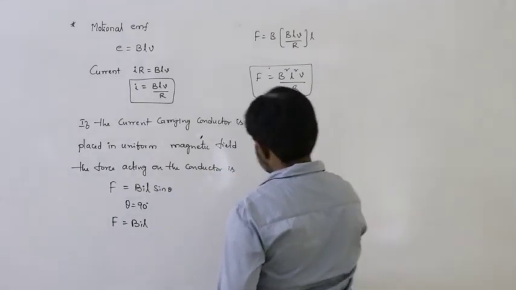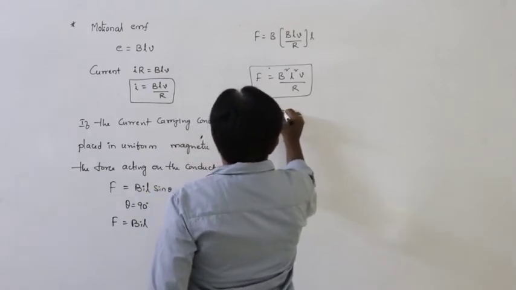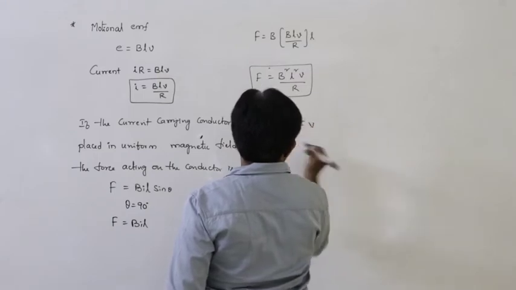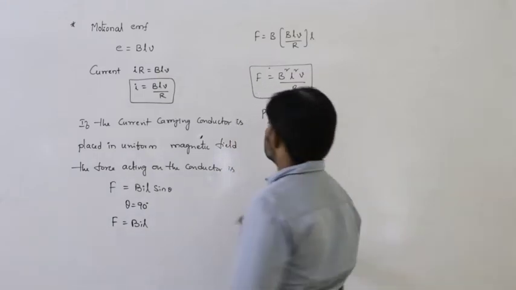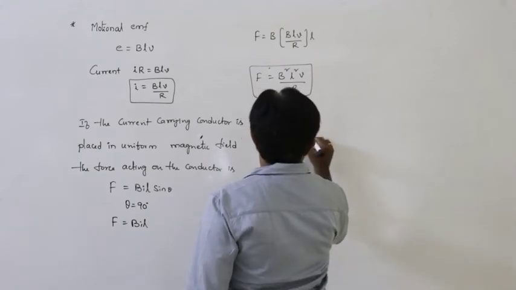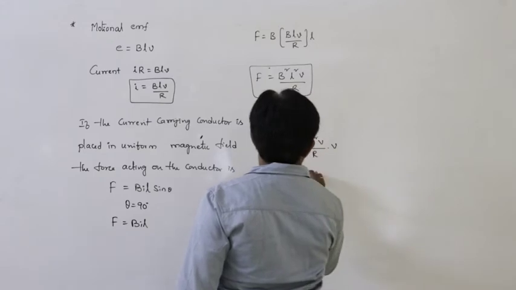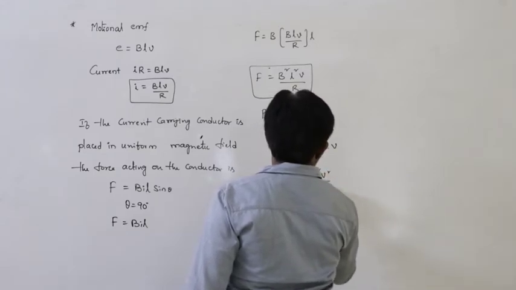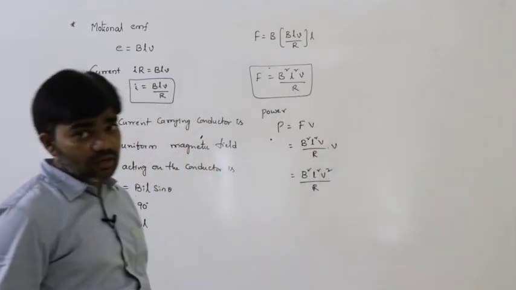Now what is the power? P can be written as FV, power equals force into velocity. So B square L square V by R into V, that equals B square L square V square by R. Or we can write P equals I square R also.